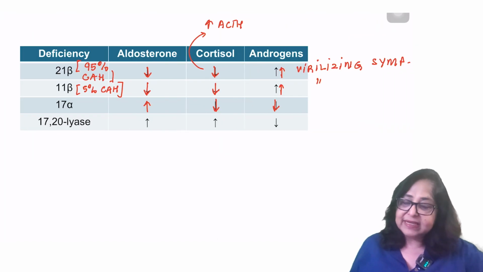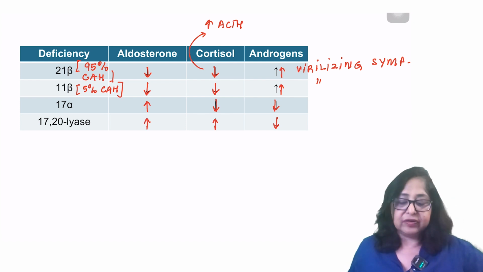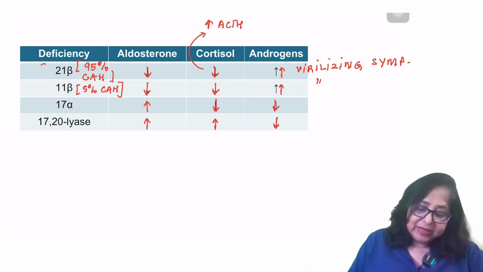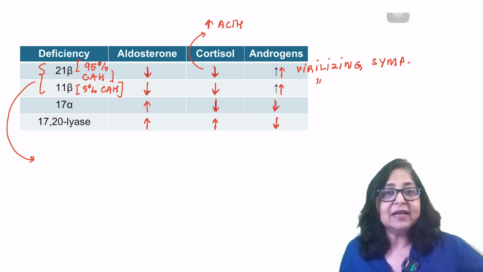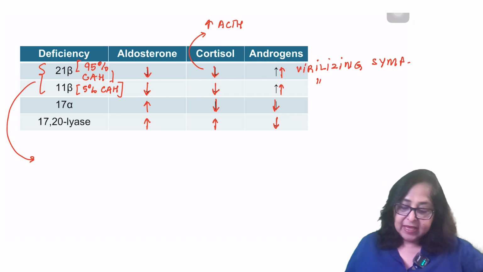So going back to our table, decreased androgens, increased cortisol, and increased aldosterone. Now, if you look at 21-beta and 11-beta hydroxylase deficiency, they have a similar clinical picture. So let us try and see how are we going to distinguish between 21-beta and 11-beta.